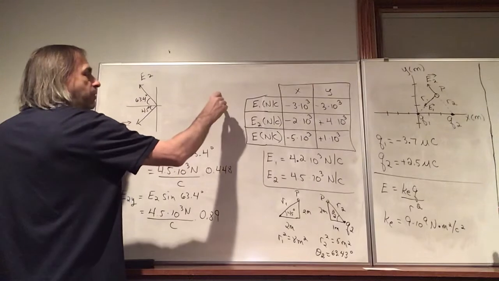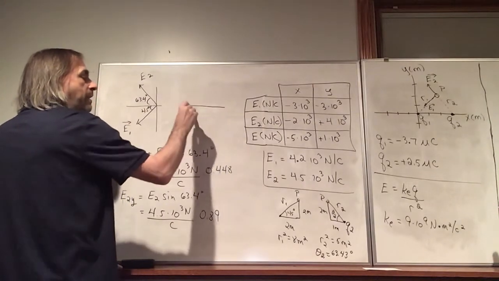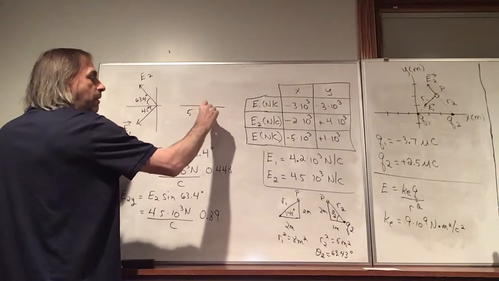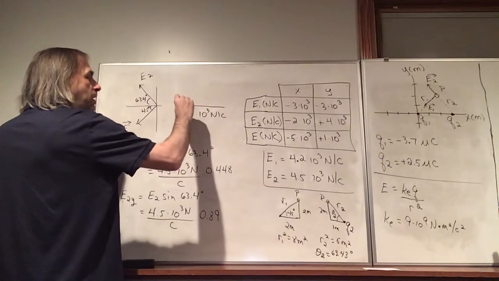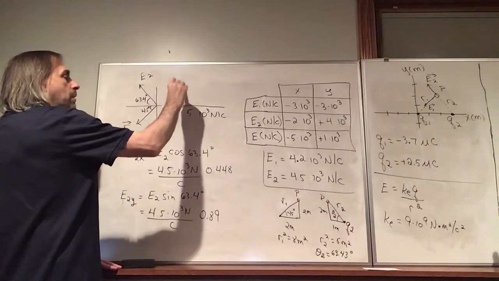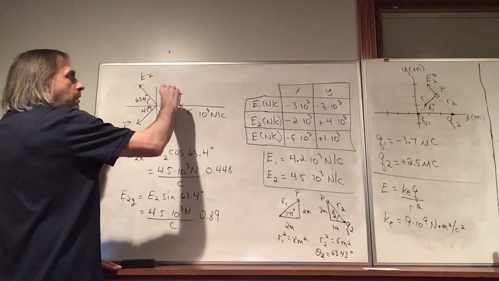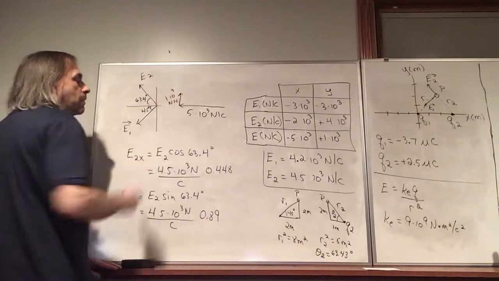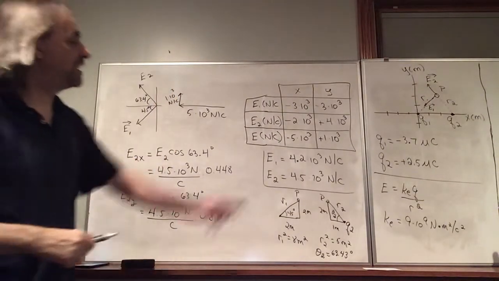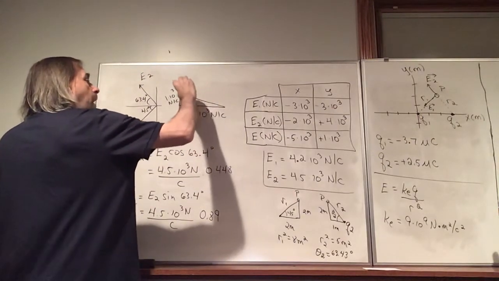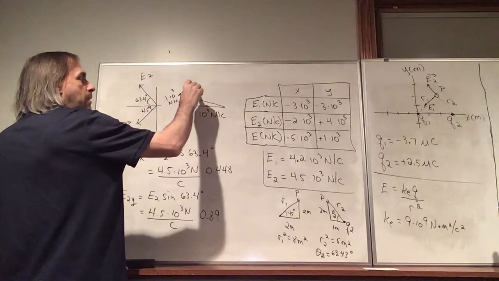In the x direction, I'm just going to write down the magnitude, 5 times 10 to the third newtons per coulomb. Let's draw it as a vector. We're going to the left, and then we go up 1, in the positive y direction.